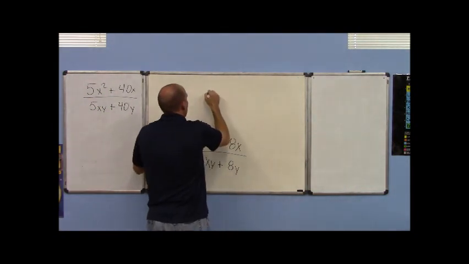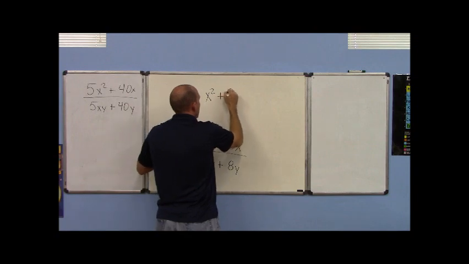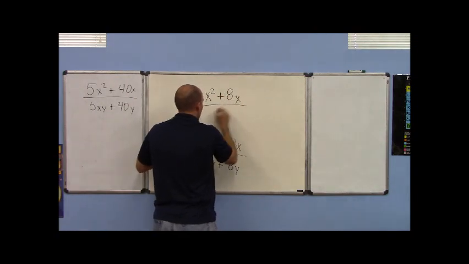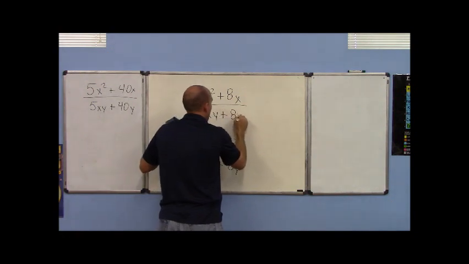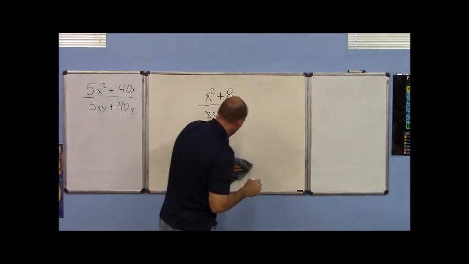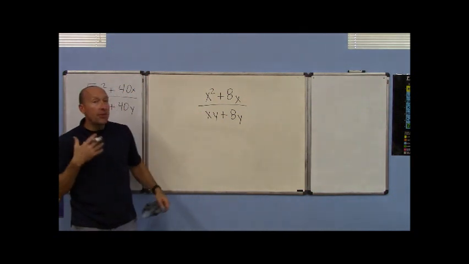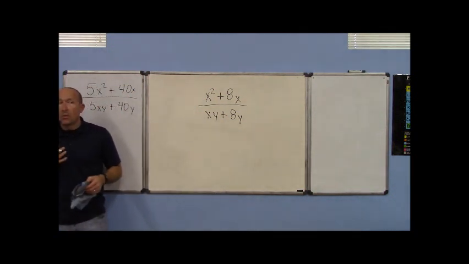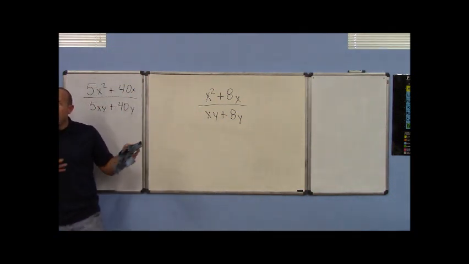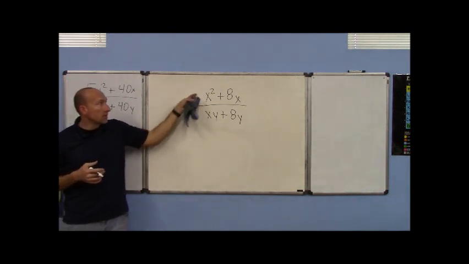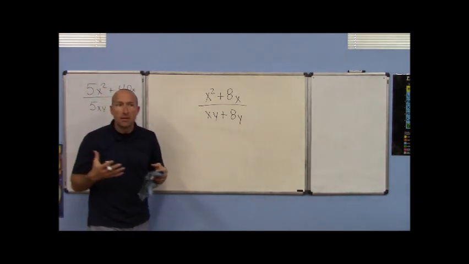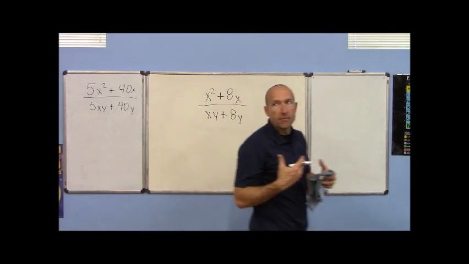And just have x squared plus 8x over xy plus 8y. Now here, what do we think might be common in both of these? The top and the bottom, where all the terms are involved.